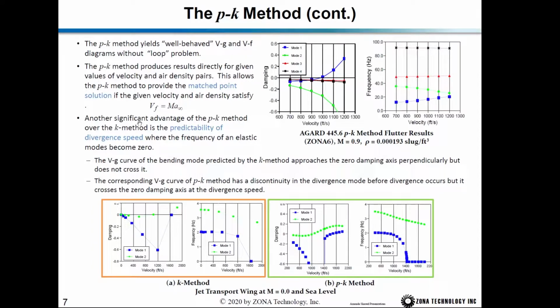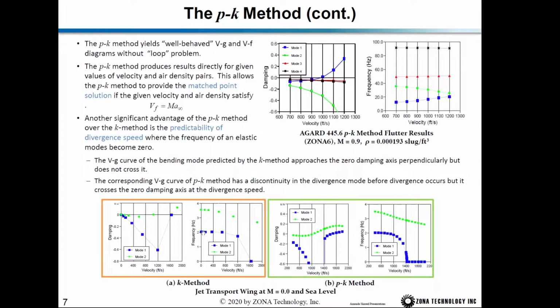Another significant advantage of the pk method over the k method is the predictability of the divergence speed, where the frequency of an elastic mode becomes 0. Showing here, this is the solution from the K method, and this is the solution from the PK method.